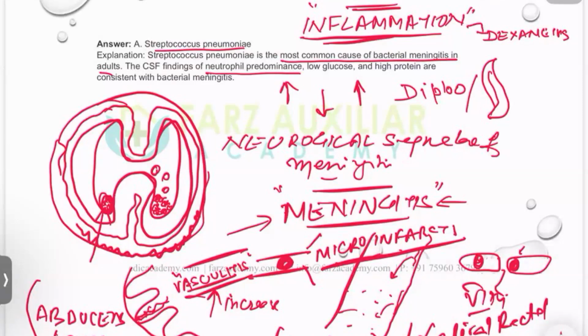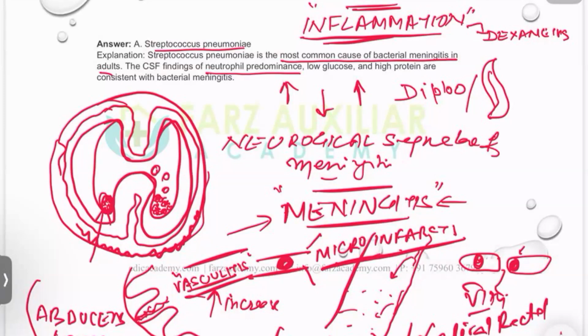Even if the cultures are awaited, with a CSF report suggesting pyogenic meningitis, if you don't use steroids this patient is bound to have neurological complications. Does that answer your question? But yes, if the picture shows that the patient has viral meningitis, then no point, because this meningitis will very soon convert into encephalitis also.